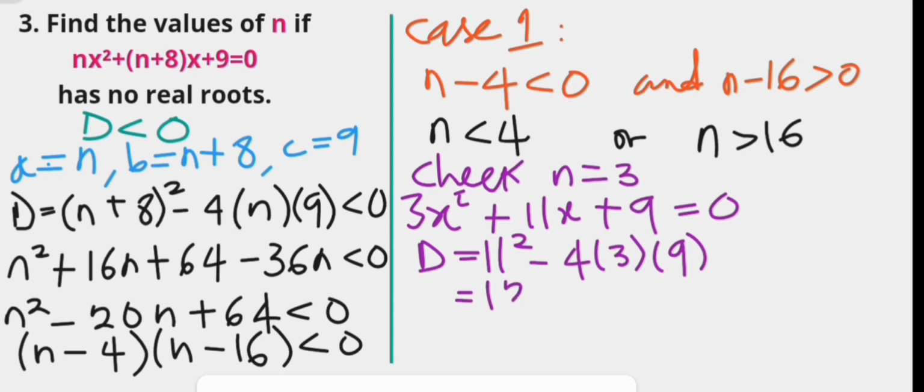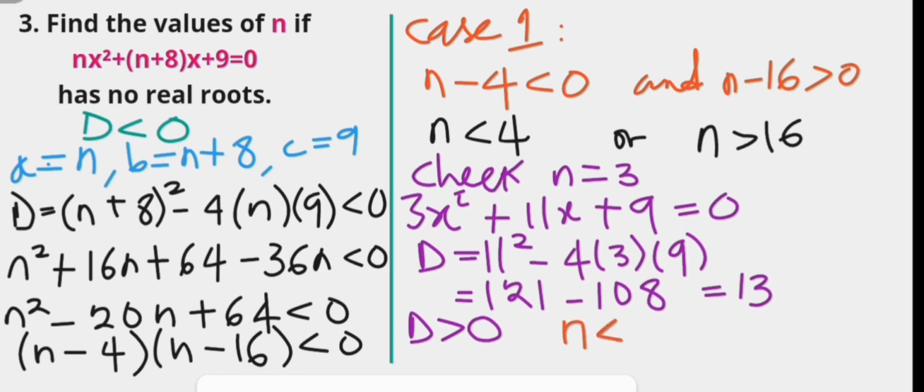And this gives 121 minus 108. This is 13, meaning that D is greater than 0. This has real roots, and as such, n less than 4 is not a valid solution.